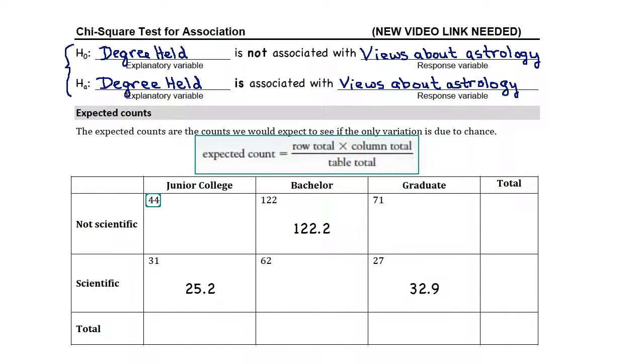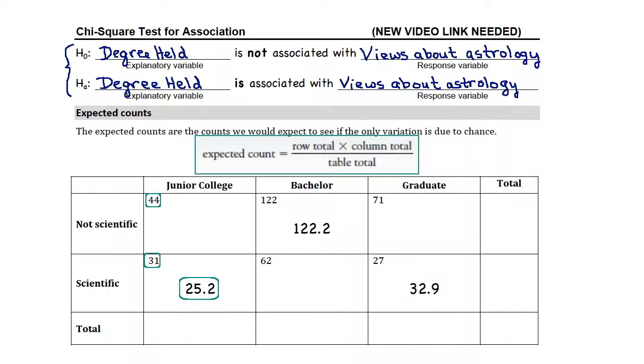If we look down here at scientific, we saw 31 who think that astrology is scientific, but the expected count, 25.2, is how many we would expect to see in this particular cell of the table if, in fact, the degree held tells us nothing about the views about astrology.